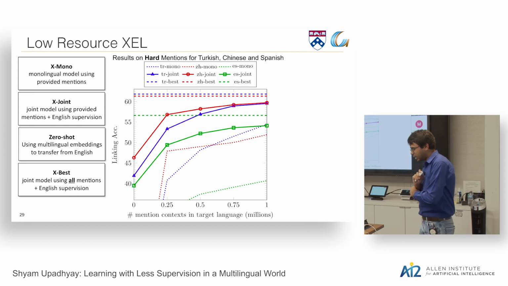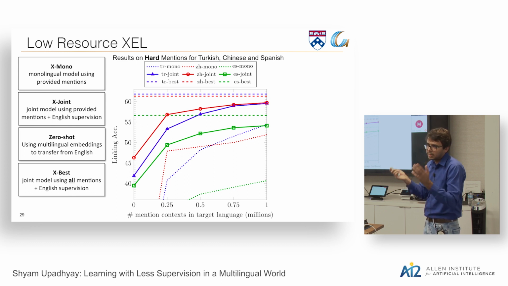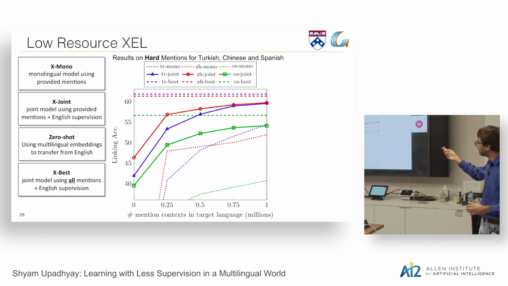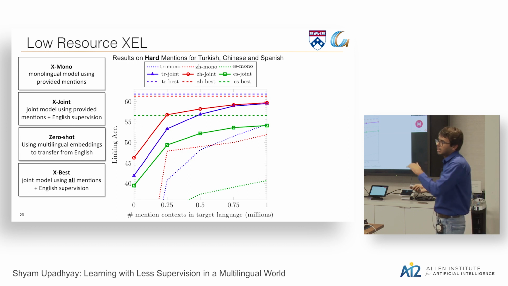Again, this depends on language to language, but I would say that as long as the gold candidate is somewhere in the top 5 or top 4, it's very plausible that you will be 80% accurate on that. But beyond that, it becomes even harder. Definitely, on the hard mentions, the ceiling of performance is not 100%. There are some hard mentions which are extremely hard. You have to go deep down the candidate list. Any other questions?